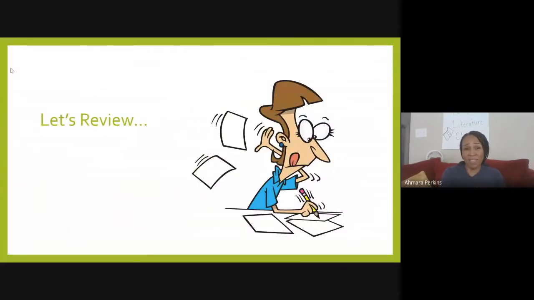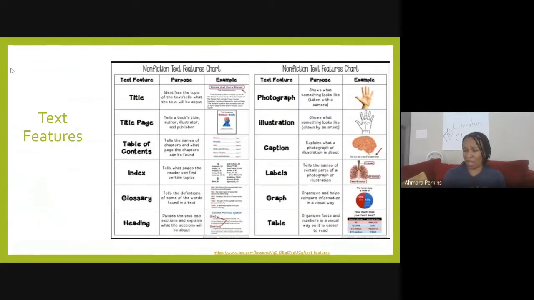I'm sure you guys have this down packed, but we first looked at nonfiction text features, and from here we're able to see just by looking at a text whether it is fiction or nonfiction, because the nonfiction text features pop out on the page, right? We can see those headings and bold print and captions underneath or on the side of the photograph or illustration.